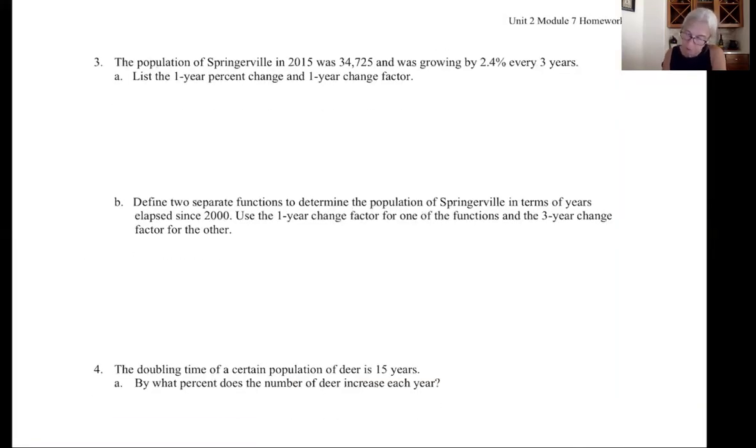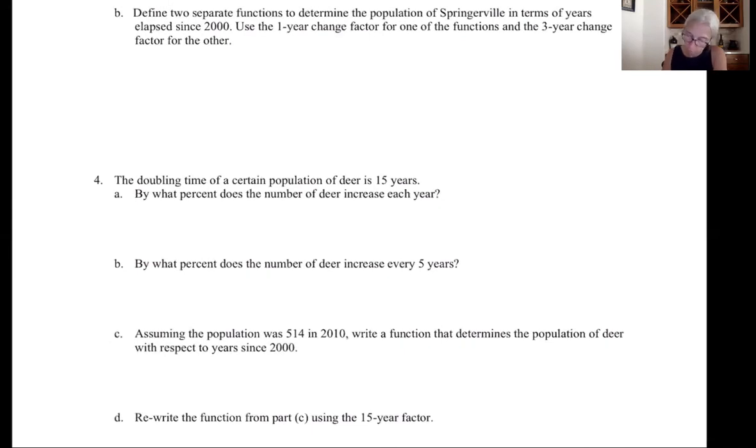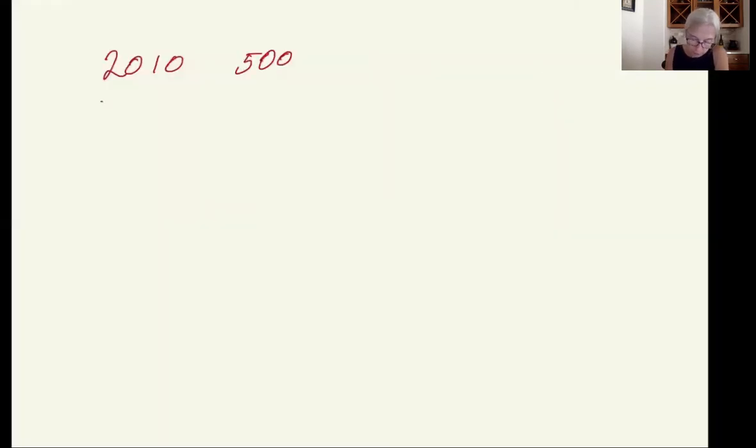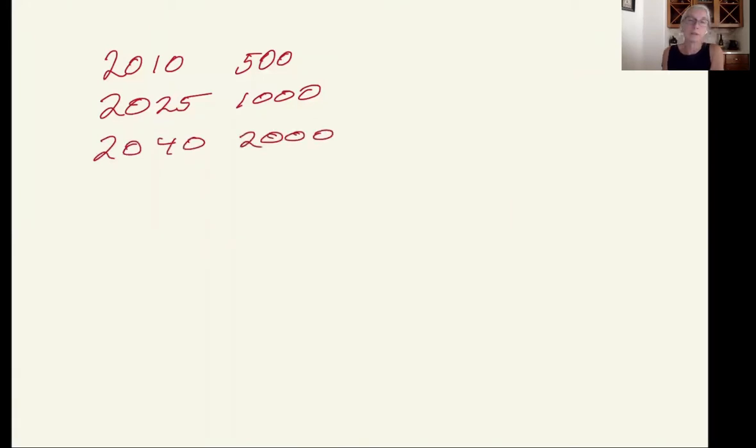We could say that if in 2010 there were 500 deer in the woods, then since the doubling time is every 15 years, we would know that in 2025 we had 1,000 deer. 15 years later, which would be in 2040, we would have 2,000 deer.